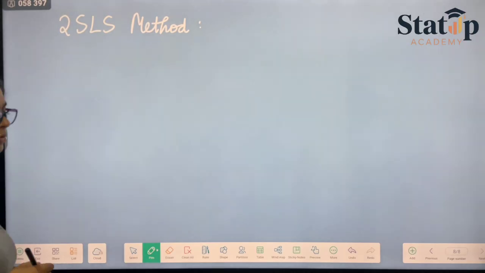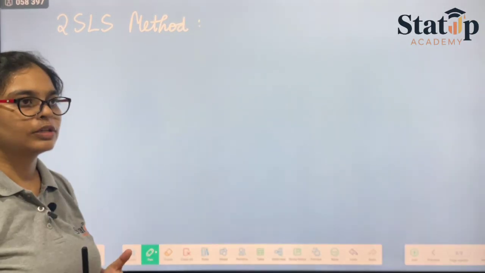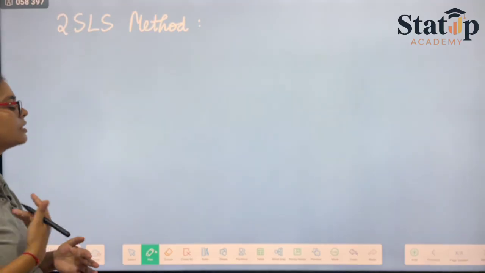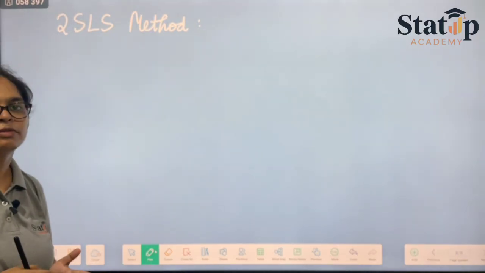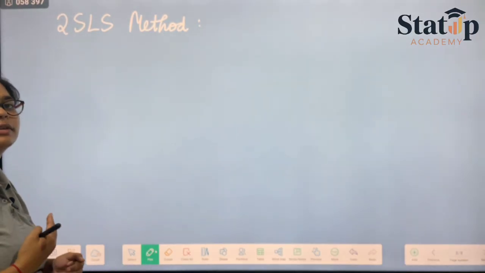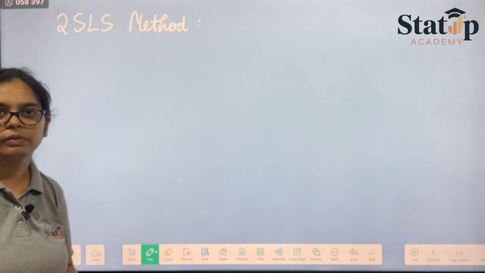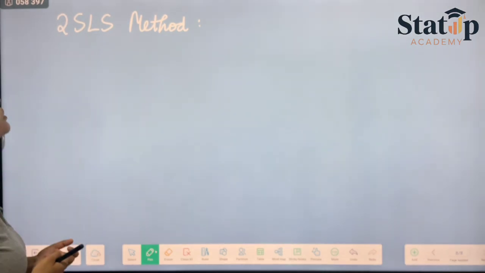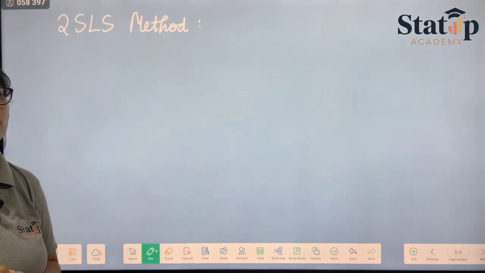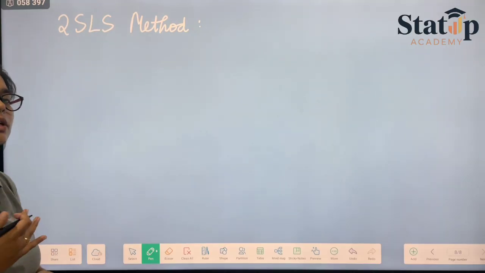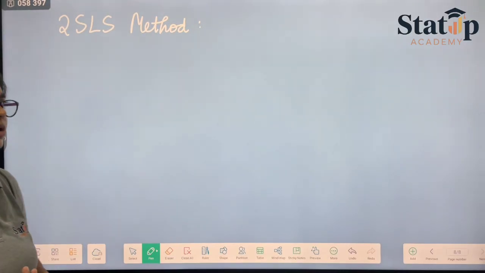So here we will first take the model, and then in the first stage we will take an instrumental variable, and in the second stage we will put the instrumental variable in the model and find our values.